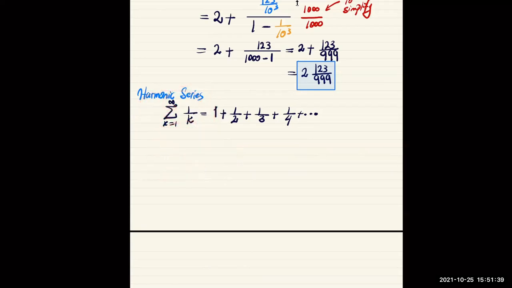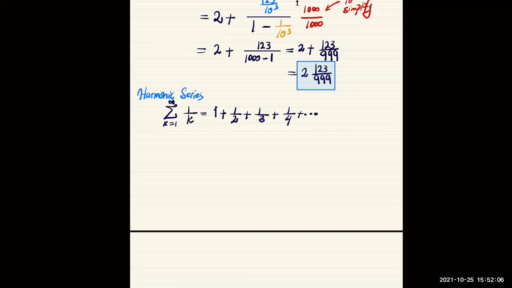They don't have the same value. They're not the same things, but they kind of behave the same way. And that's what we're going to learn in section 11.3. We're going to talk about series using improper integrals. So we kind of do suspect that this thing is going to diverge.